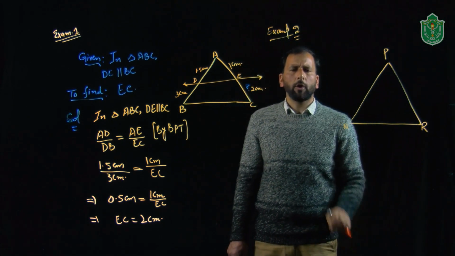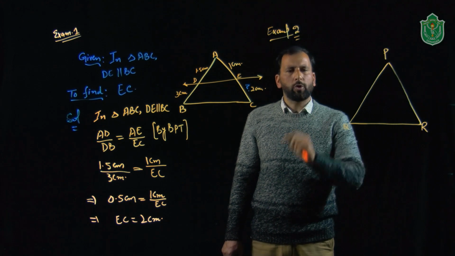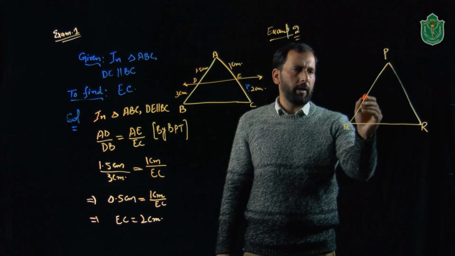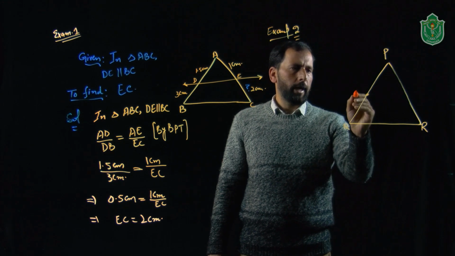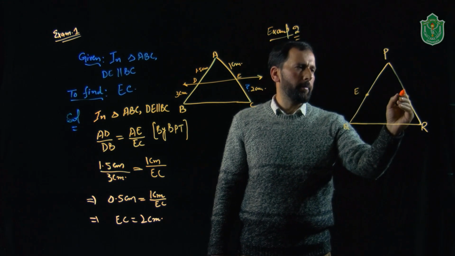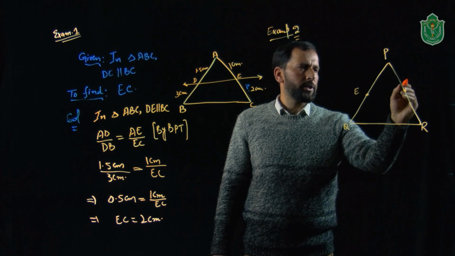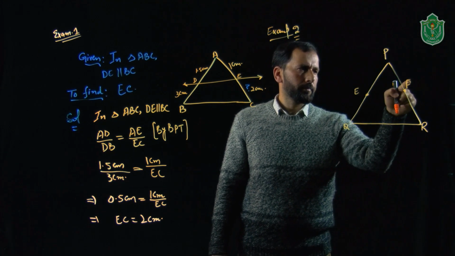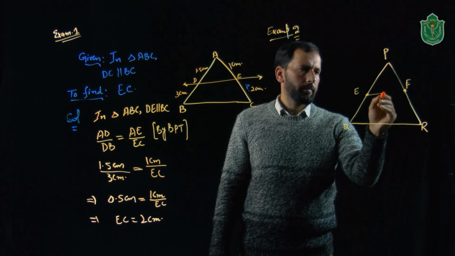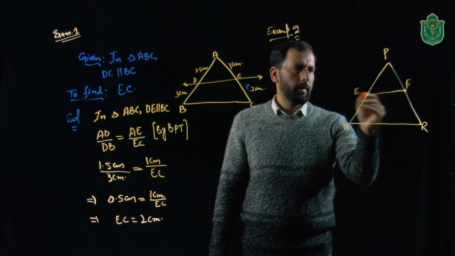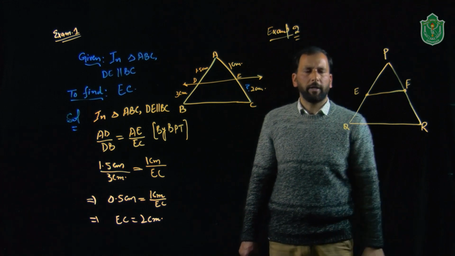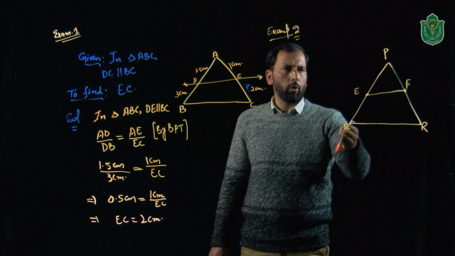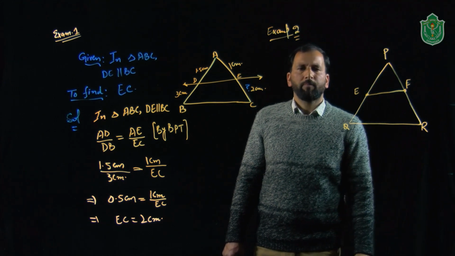And there are 2 points, one on the PQ side and the other on the PR side. Let the 2 points be E and F here. Let it be E and this one be F. The question is, if we join E and F, this line divides the two sides in some segments, that is PE, EQ, PF and FR.